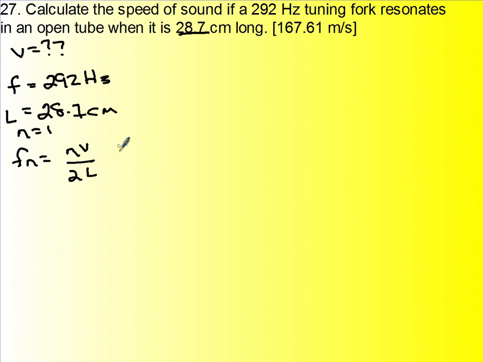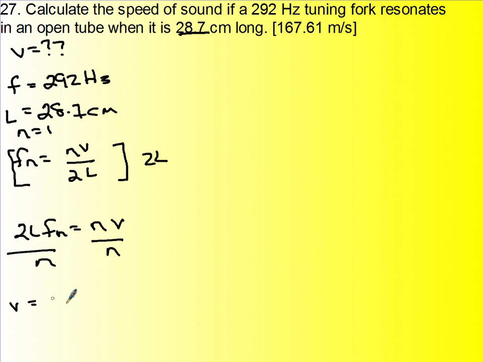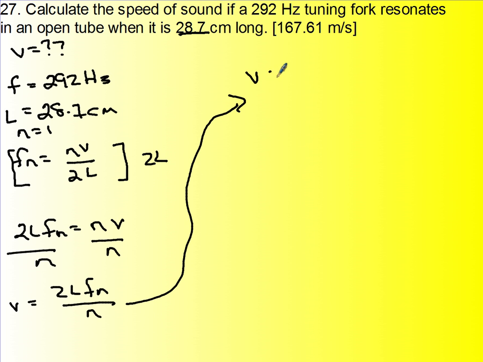So to find V, I need to get rid of my denominator. So I need to multiply both sides by 2L. So 2L times Fn is nV. So now I'm going to divide through by n. It's okay that n is 1. So V is 2L Fn divided by n. All right. So V is 2.